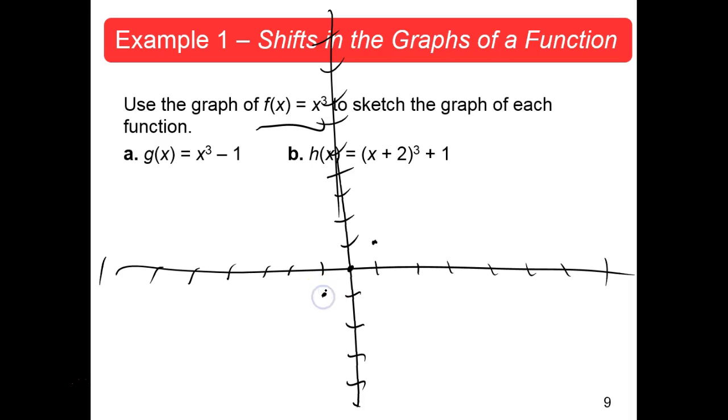Negative 1, negative 1. Okay. 2. Eight, yes. Negative 2. Negative 8, way off scale here. So this one does something like this. That's your parent function, f of x equals x cubed.